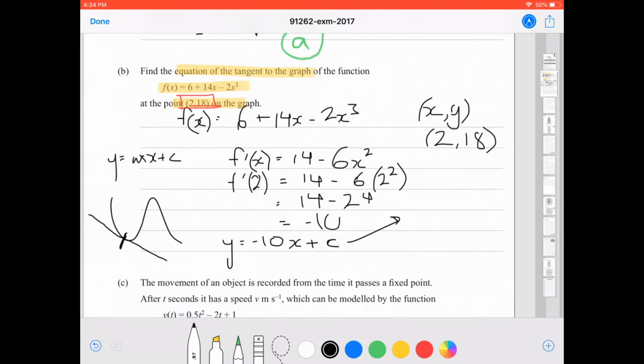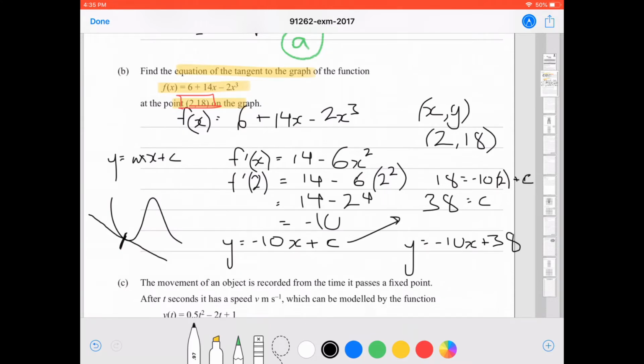So we can actually say 18 equals minus 10 times 2 plus c. Rearranging to solve for c, we've got 18 equals minus 20 plus c, so it becomes 18 plus 20, so 38 equals c. And so our final equation of the tangent is y equals minus 10x plus 38 here.